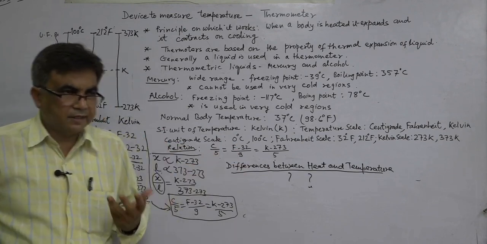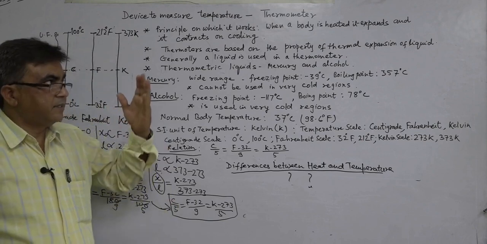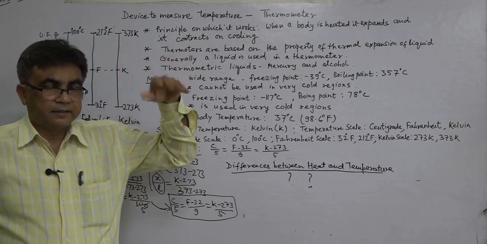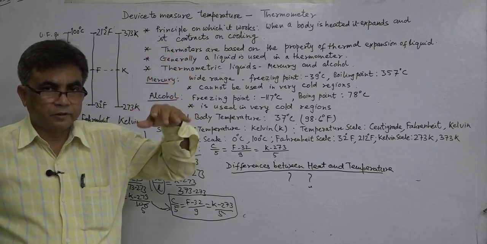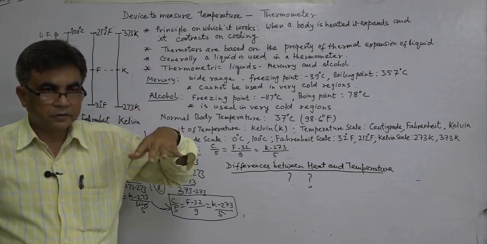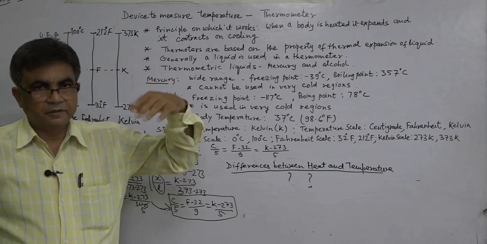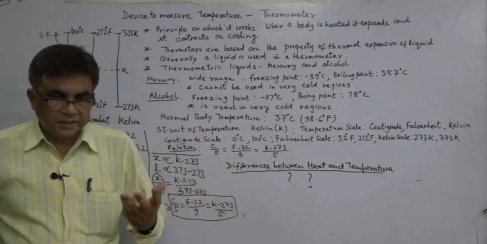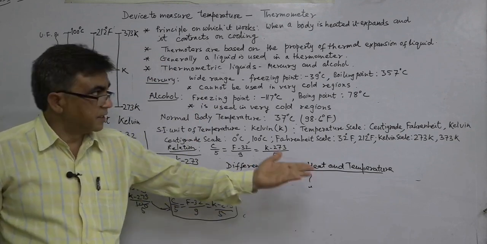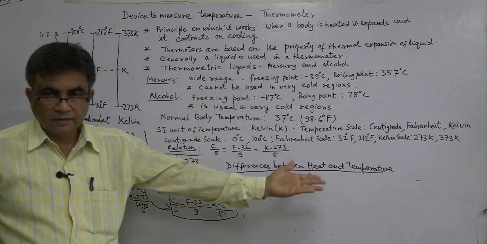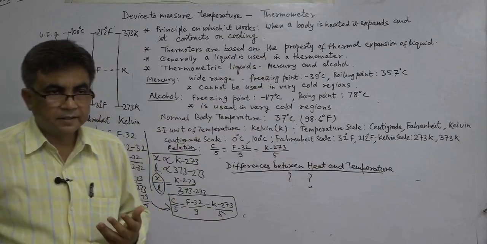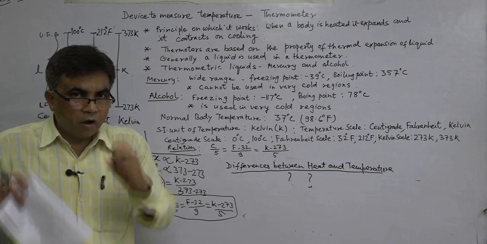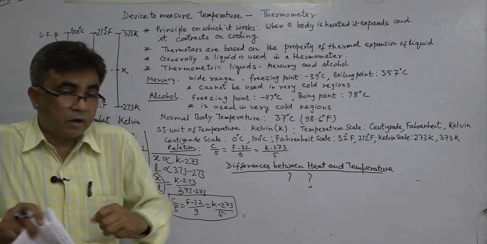One more difference you can think of: what is the instrument that measures heat? You have already read, it is the calorimeter. So heat is measured by calorimeter, and temperature is measured by thermometer, as we have just come to know. Another difference: heat is the cause of temperature.